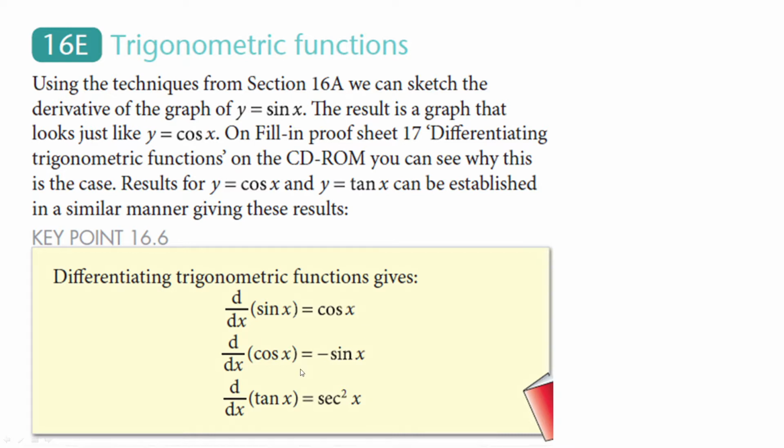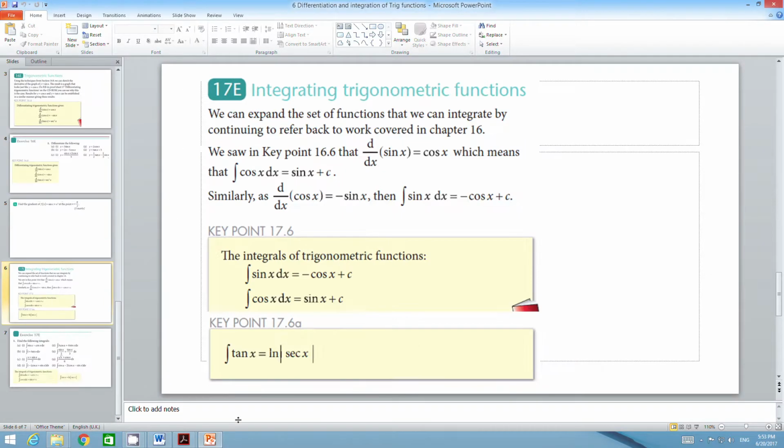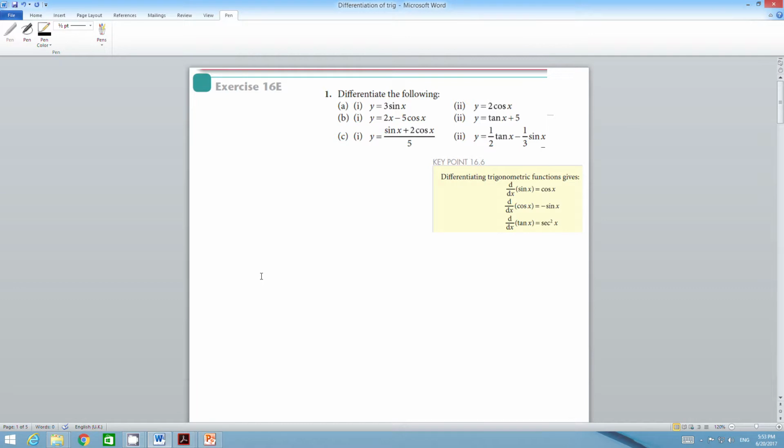So with this in mind, if we go to the exercises, let's begin here and take a look at a couple of examples. They tell us to differentiate the following. Let's first get the pen active. Let's take a look here at 1a part 1.